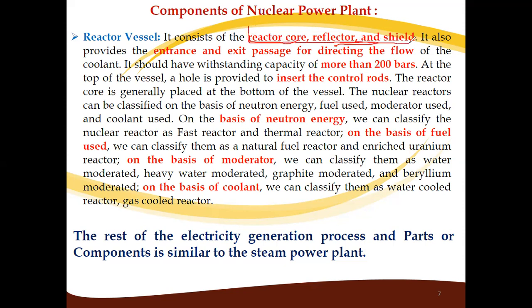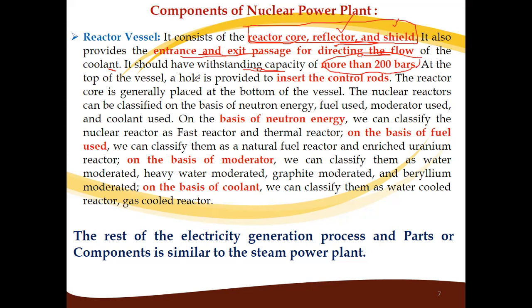The reactor vessel also provides entrance and exit passage to direct the flow of coolant, so coolant can flow inside the reactor vessel. This vessel should have very high withstanding capacity of pressure, more than 200 bars.